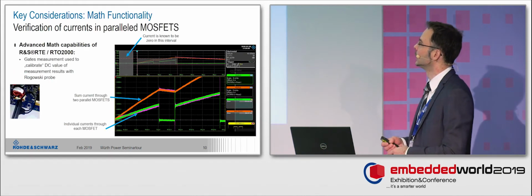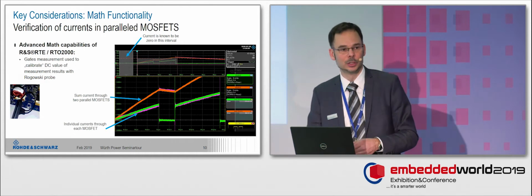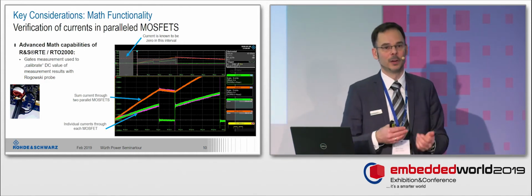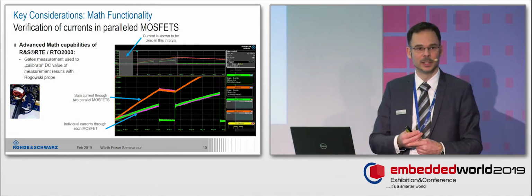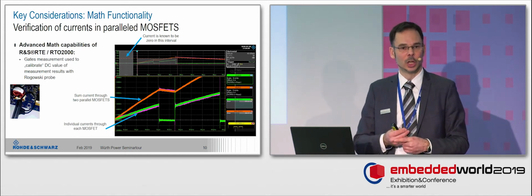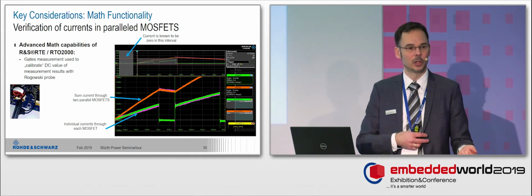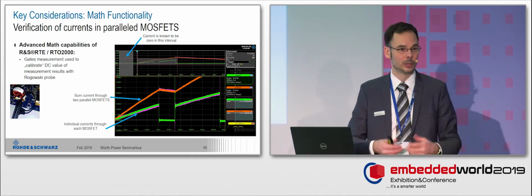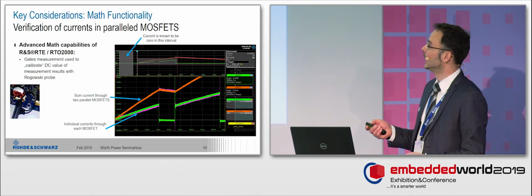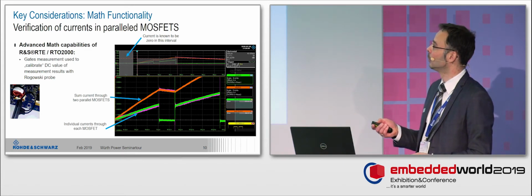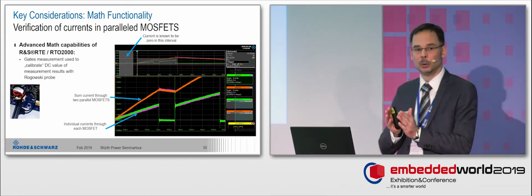Okay, what else to consider? I mentioned math functions. Math functions are sometimes interesting for doing power electronics measurements because they might give you a lot of flexibility, or not, depending on the scope you choose. An example measurement that I did here is I wanted to verify currents in parallel MOSFETs.